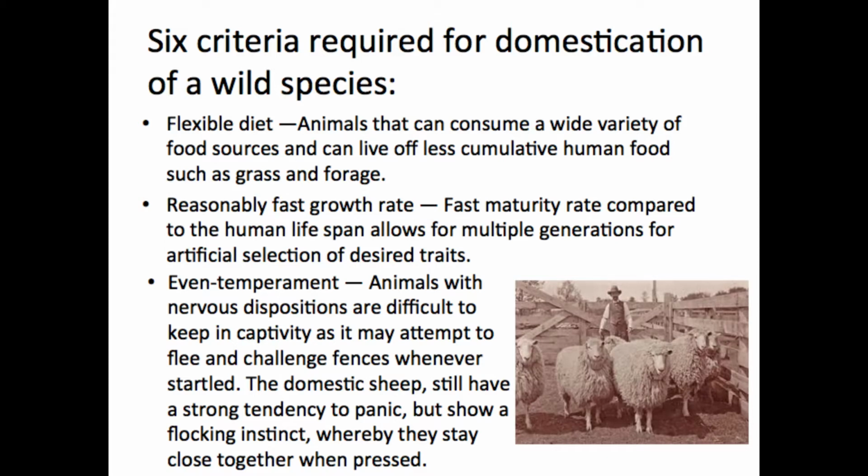One is diet. It has to have a diverse and very flexible diet. For example, moose. In Alaska, there is a movement to categorize and classify moose as a domestic animal.